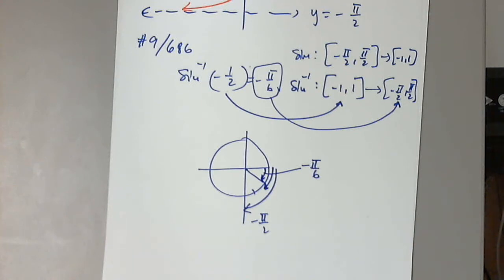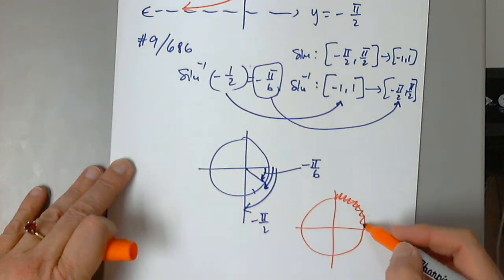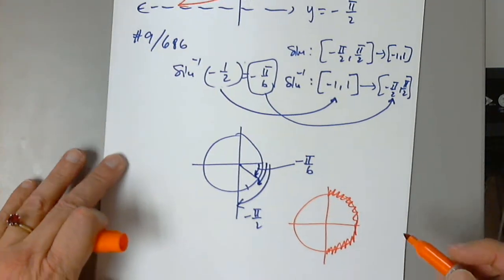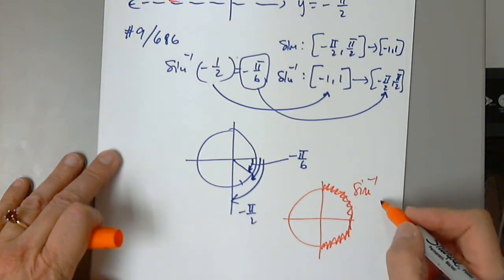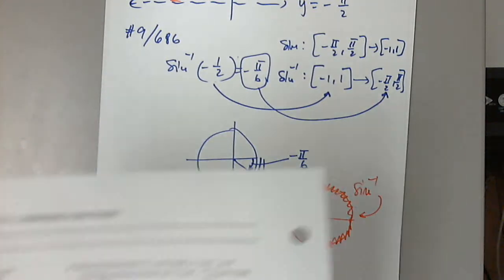In short, every answer for sine inverse must be found between -π/2 and π/2. Cosine is the other side? No, cosine is between 0 and π. Okay, the next one. We need more here.